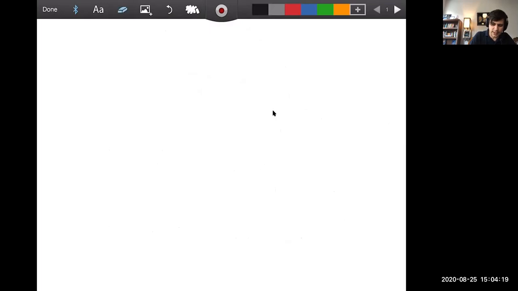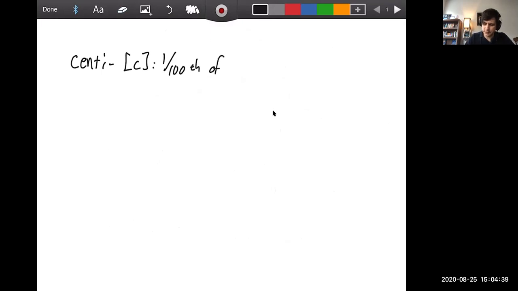Let's go with centi. Here I'll always use the square brace to indicate the symbol. So centi means 1/100th of. So 1 centimeter equals 1/100th of a meter equals 0.01 meters equals 10 to the minus 2 meters, however you want to put it.